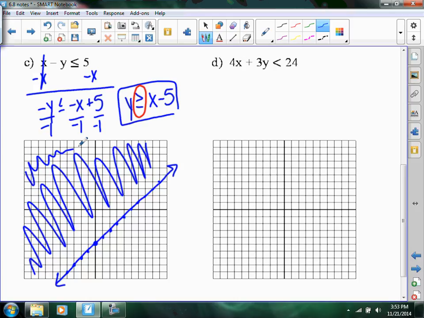And you could test a point as well if you wanted to. A real easy point that's clearly above the line is 0, 0. If I plug 0 in there, I would have 0 is greater than or equal to 0 minus 5, which is negative 5. Yeah, 0 is greater than negative 5. So that's where I want to shade. I want my solution, my true statement, to be in that shaded region.